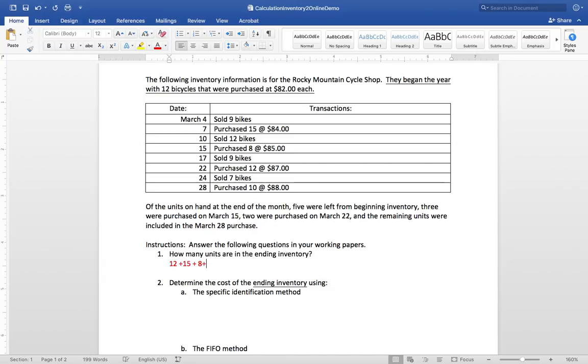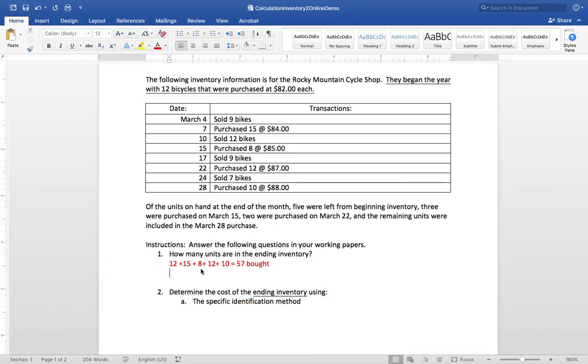And then we purchased 12 more on the 22nd. And then we purchased 10 more on the 28th. So that gives us 57 bikes total that we bought.